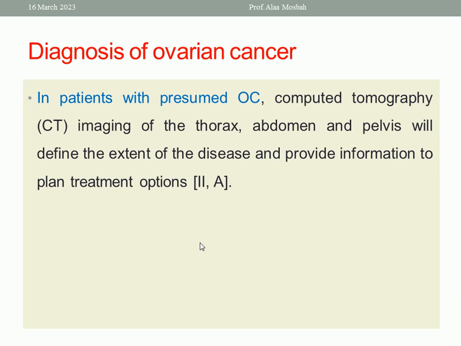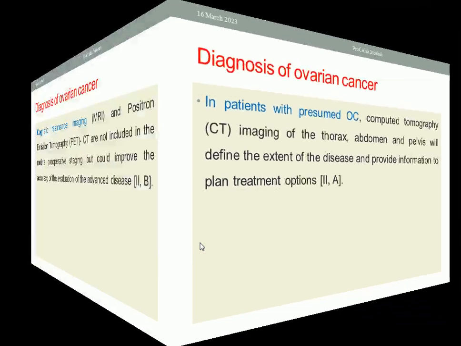So after you diagnose with ultrasound and the tumor marker, go on to CT on the pelvis, abdomen, and thorax. Why? Because you want to know the extent of the disease and provide information to plan treatment options. I hope it was clear enough.